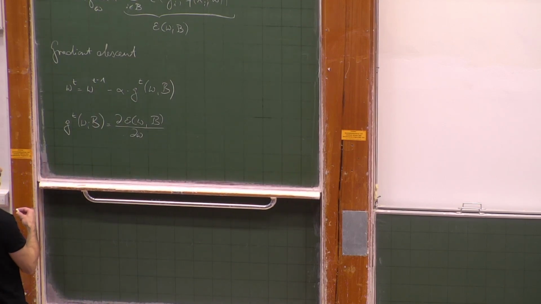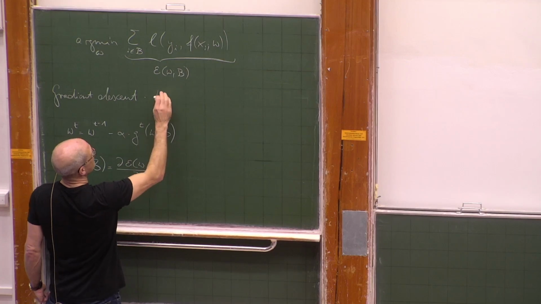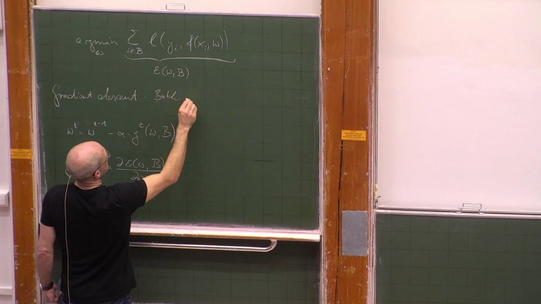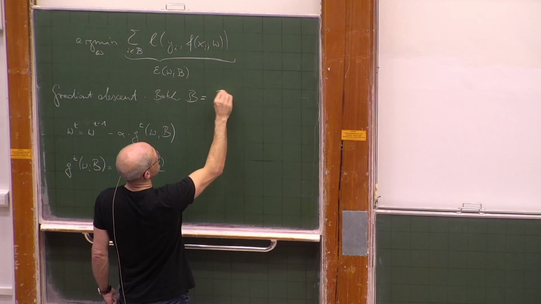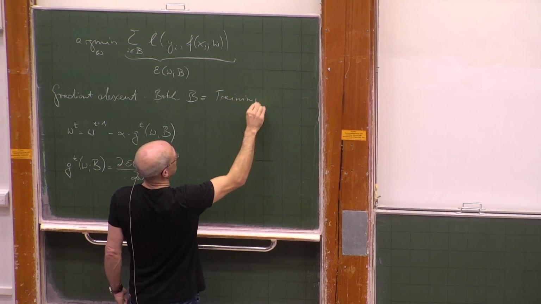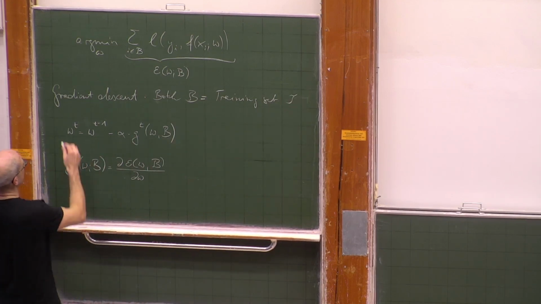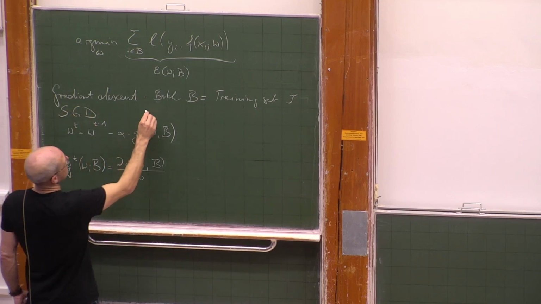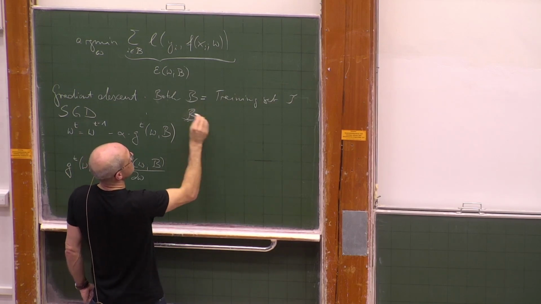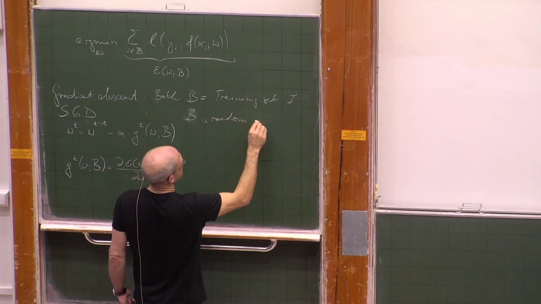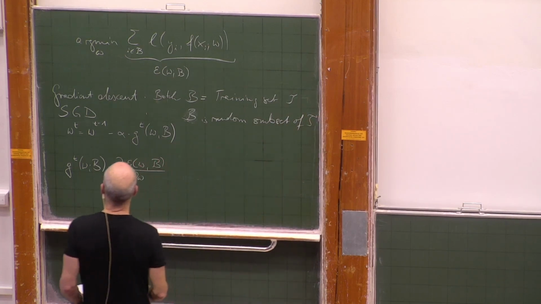Good. And then in gradient descent, our batch B is identical to the entire training set T. And in stochastic gradient descent, this batch B, script B, is a random subset of the full training set.